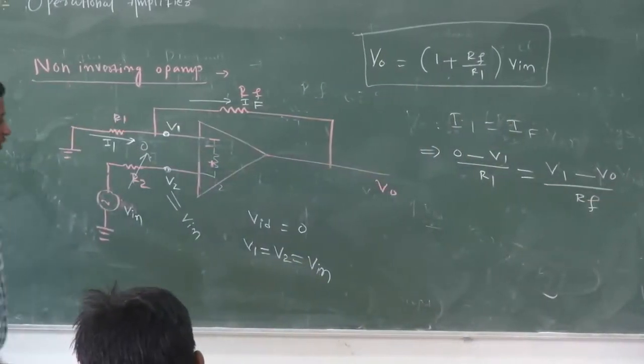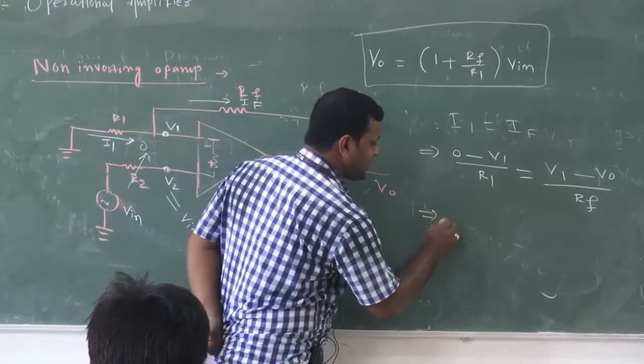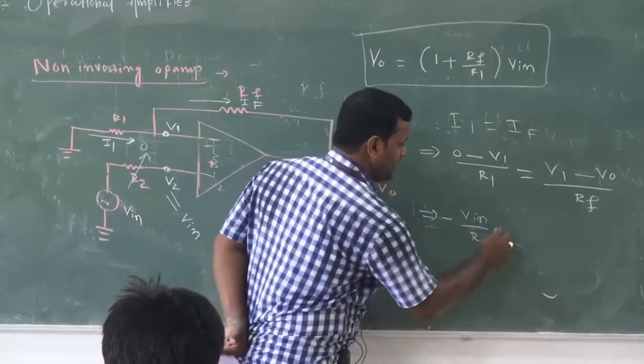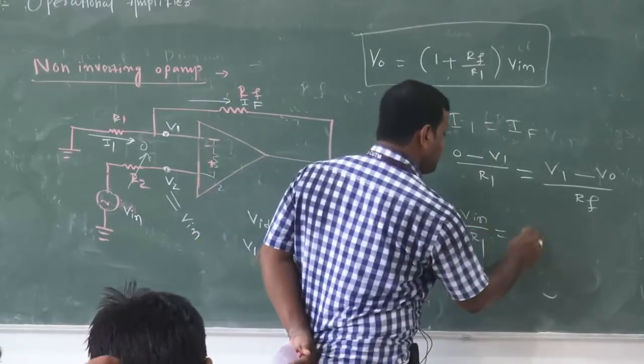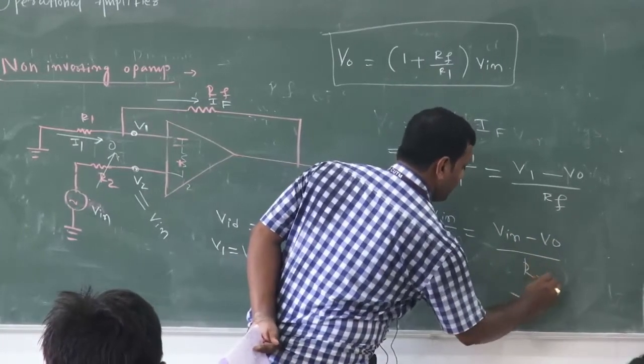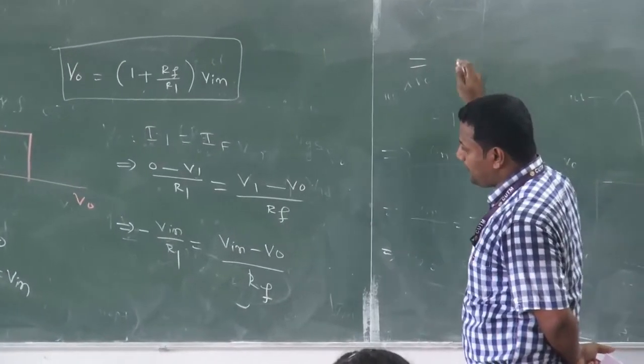Now you can put the value V1 is equal to V2 is equal to V in. So minus V in by R1 is equal to V in minus V0 by RF.